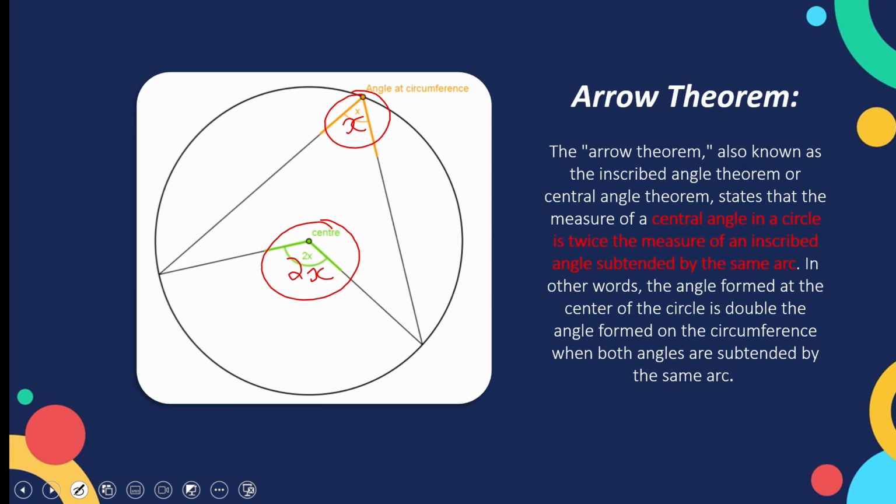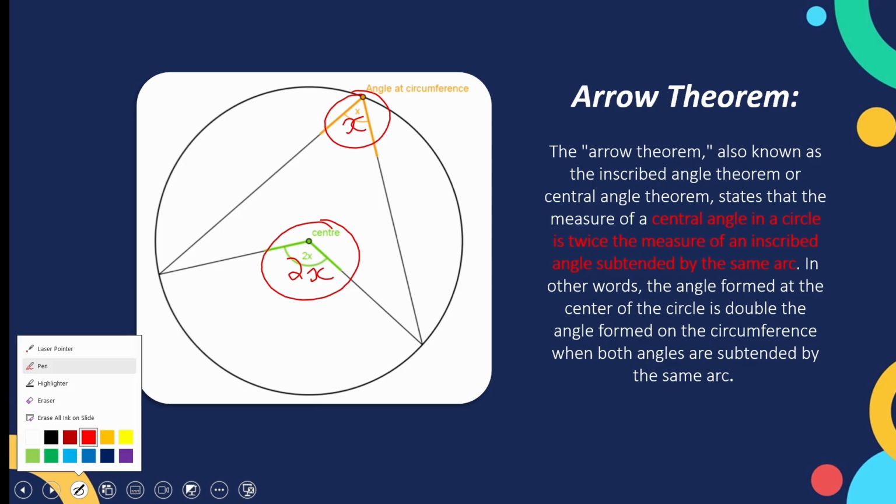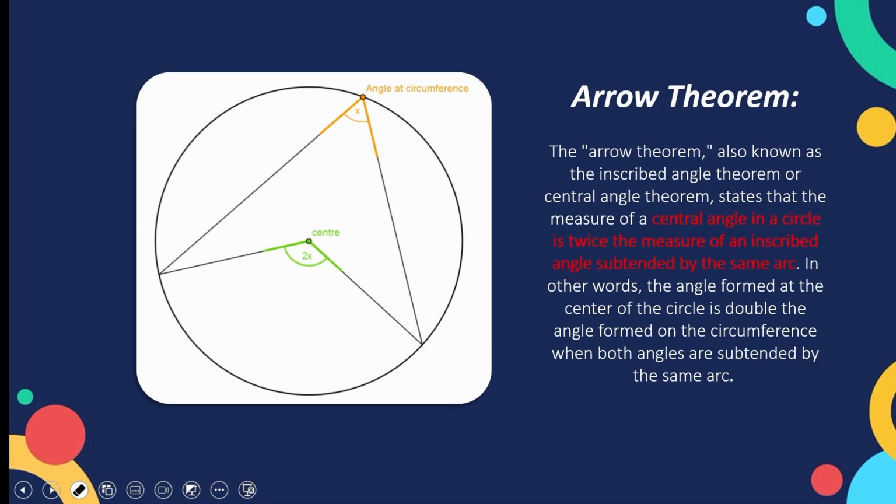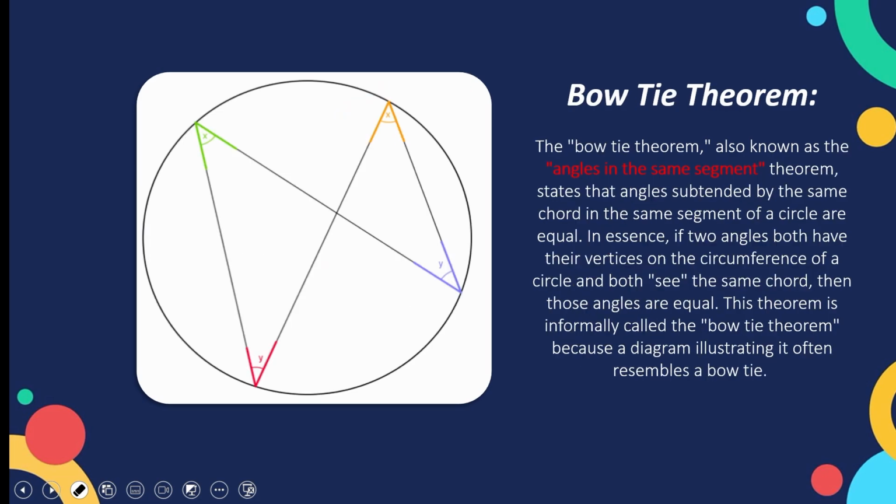If the angle at the circumference is x, the central angle is 2x. Please, like I said before, do not forget, you cannot write down arrow theorem as your reasoning. You will not get your full marks in the examination.